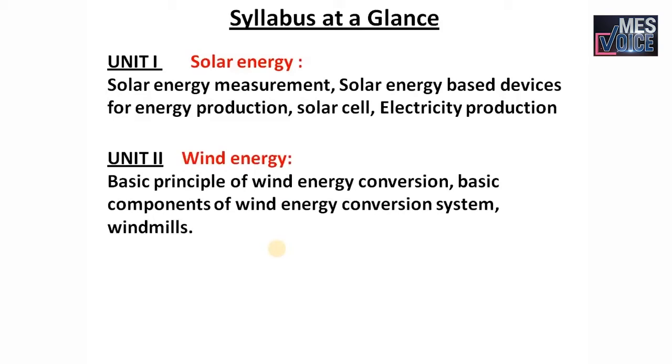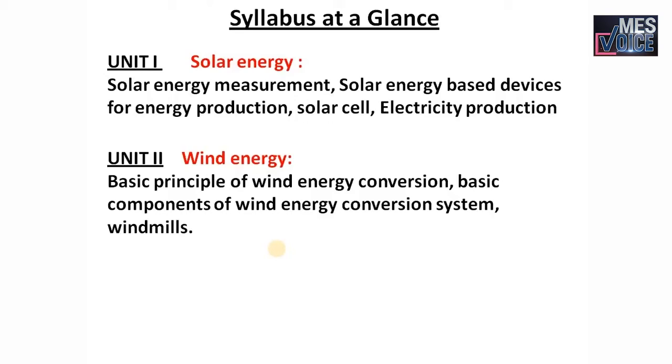And in unit 2, you will be dealing with the basic principles of wind energy conversion: how wind energy is converted into other useful forms of energy. Of course, you can convert wind energy into mechanical energy by rotating a turbine, blades or fans, and at the same time you can also convert it into electricity or thermal energy.